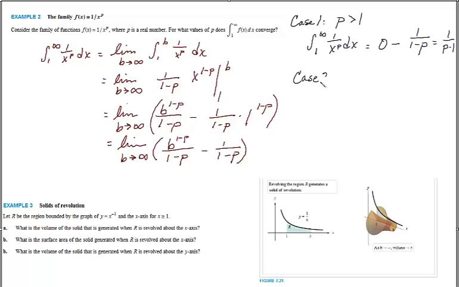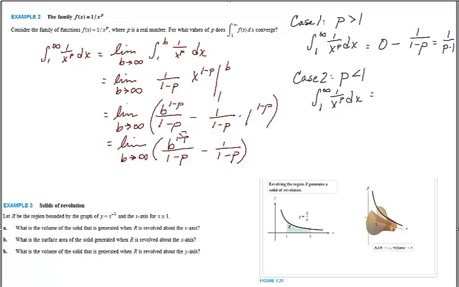Case 2, let's look at it if p is greater than 1. Oh, I already did greater than 1. I mean less than 1. Okay, if it's less than 1, then this would have a b on top, and it would just be some large number.